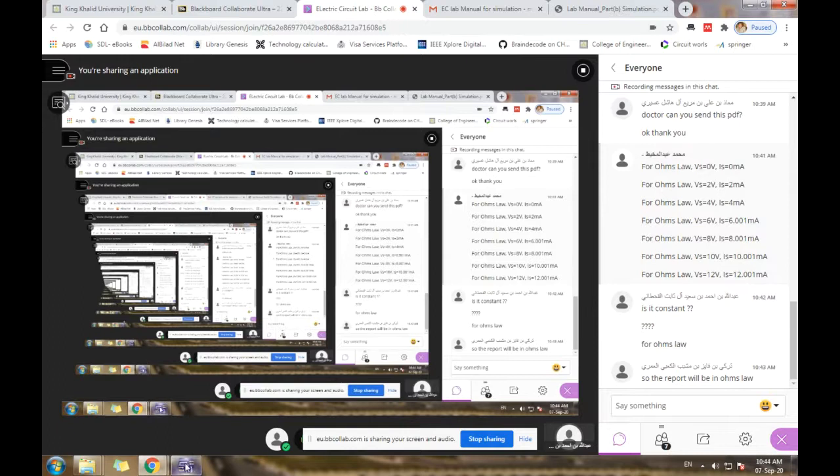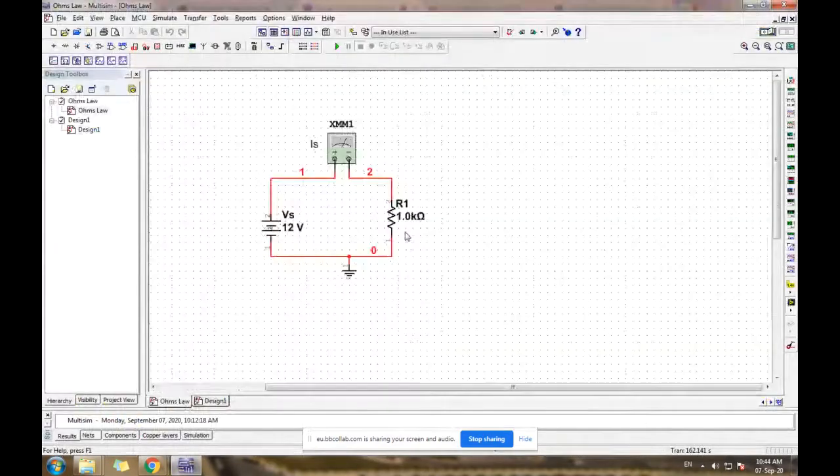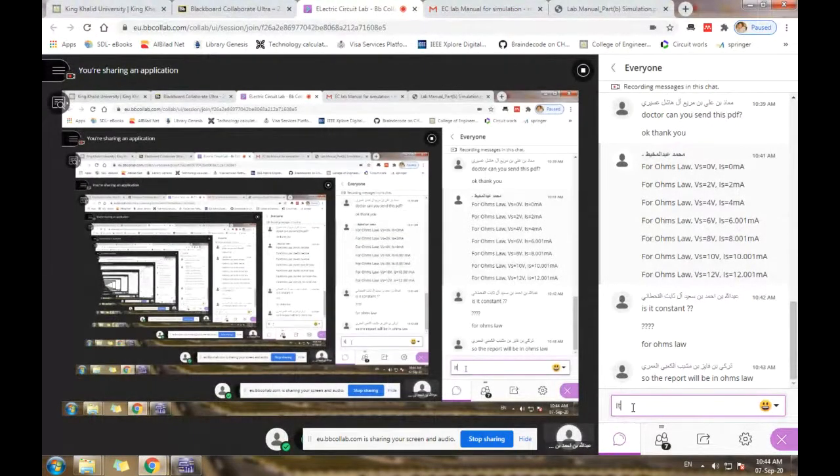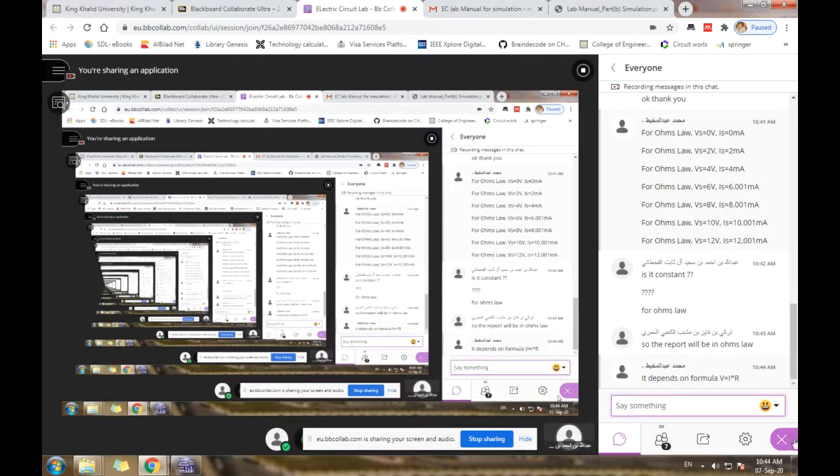Like for Ohm's law, we have used the value of the resistor as 1 kilo. So if you use the formula V equals I multiplied by R, since the value of R is 1, you can see that the results are constant.